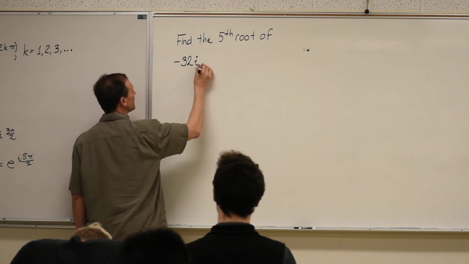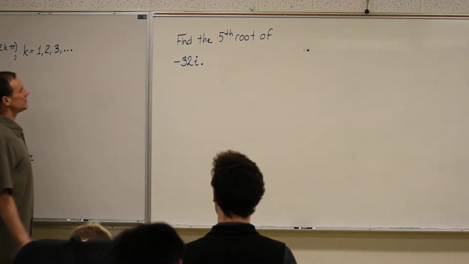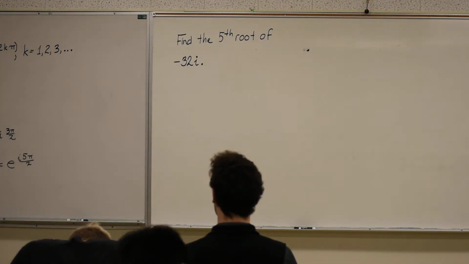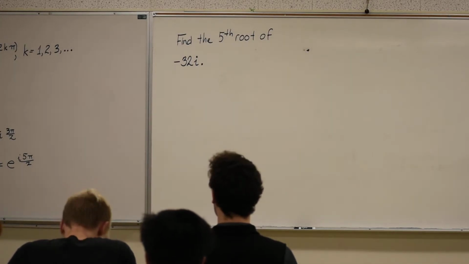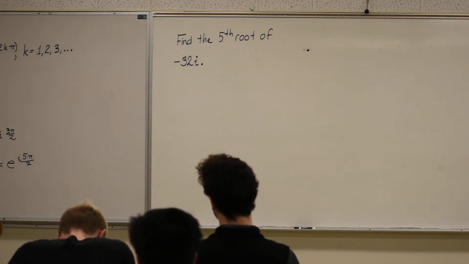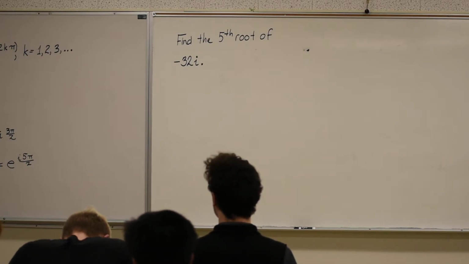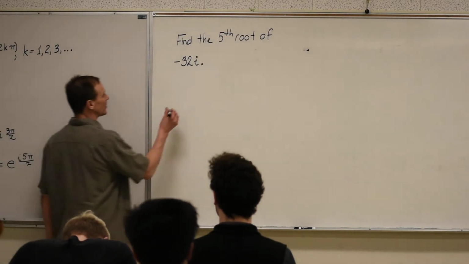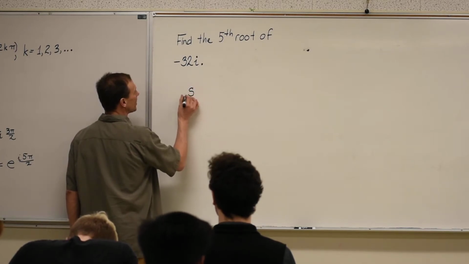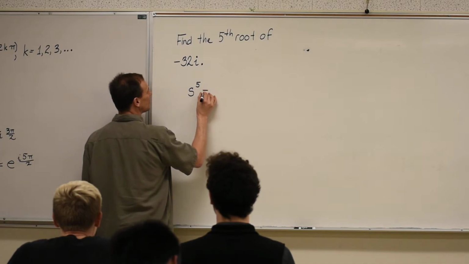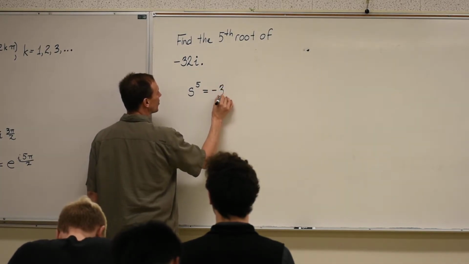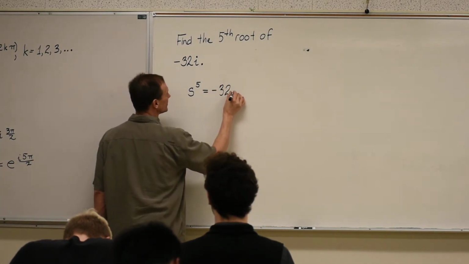Sure, let's try that. How many answers should we have? Here, by the 5th root, there should be 5 answers. It would be like solving something squared. So in other words, a 5th root means there's some number s, and it's raised to the 5th power, is equal to minus 32i.